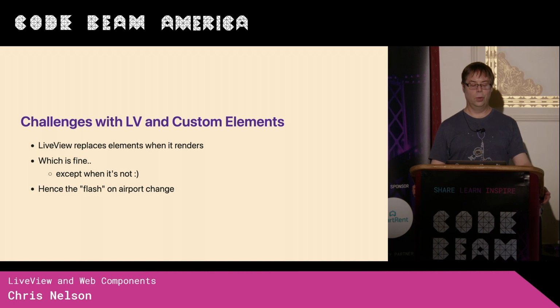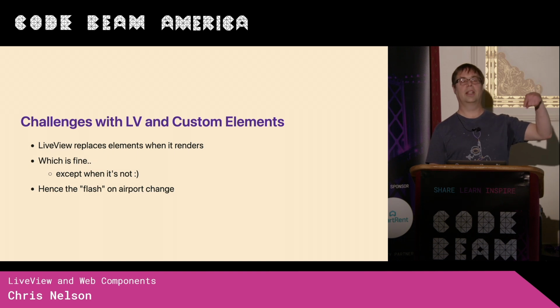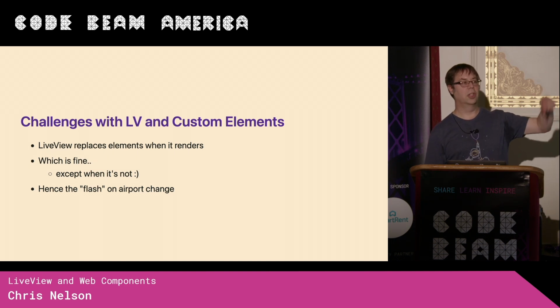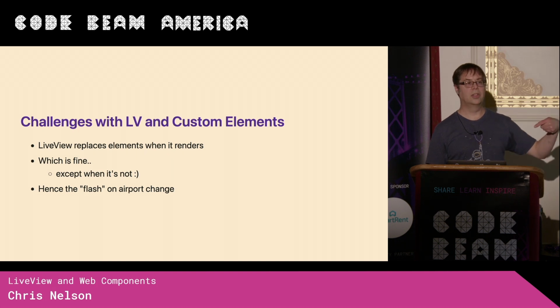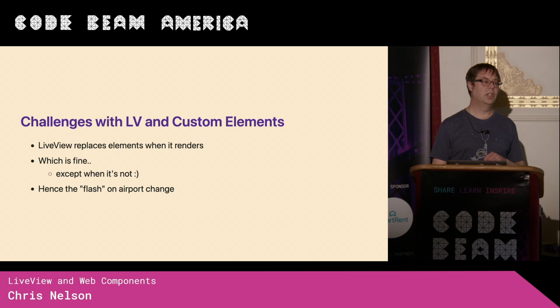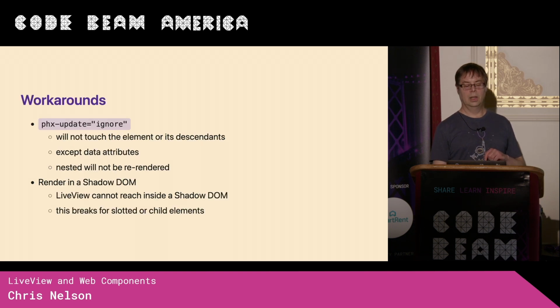And so if you look really closely at that demo, you will notice, I don't think I actually selected another airport, but if we did, you might see that that map might flash because it's being entirely replaced as a new element. So that can be a challenge in some cases, depending on the kind of application that you're building.